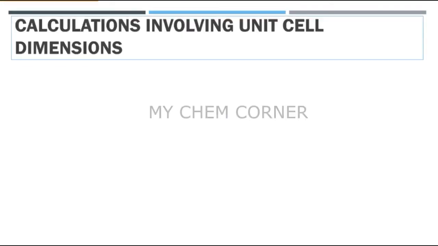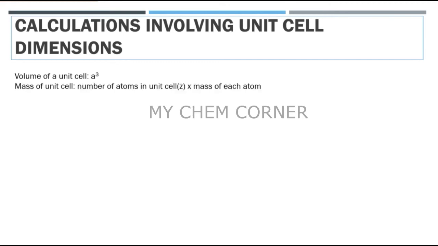Please watch. So here we are going to look at calculations involving unit cell dimensions. So basic things, we're just going to take out all the information from the previous videos that we learned, and we're going to find out the formula. So for this, we need the volume of the unit cell formula, which is nothing but A cube. Now the mass of the unit cell is going to involve how many atoms are there in that unit cell that's belonging to it.